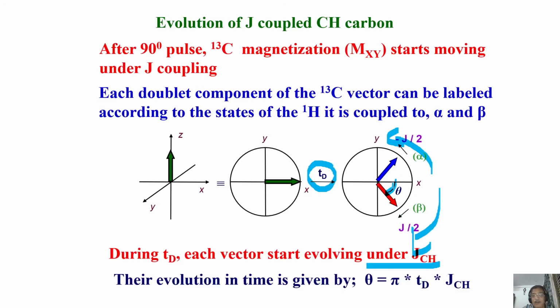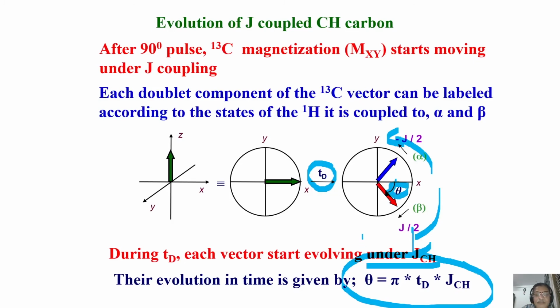How much it has evolved at a given time is given by this simple expression. Please remember this. The angle theta by which these vectors have moved is given by pi into TD into JCH.